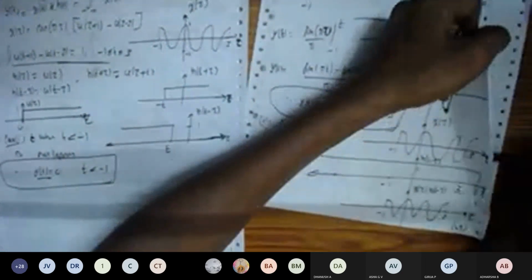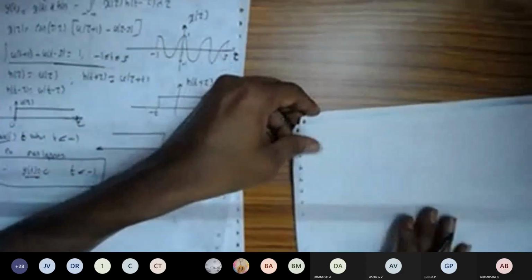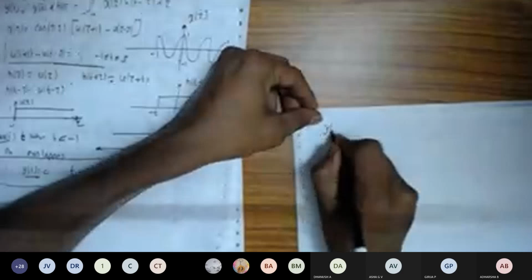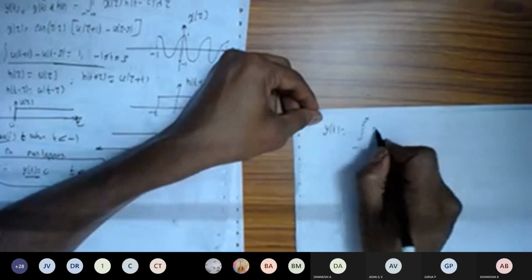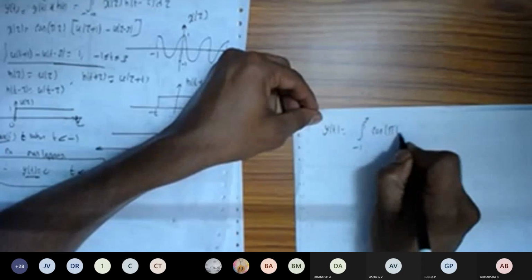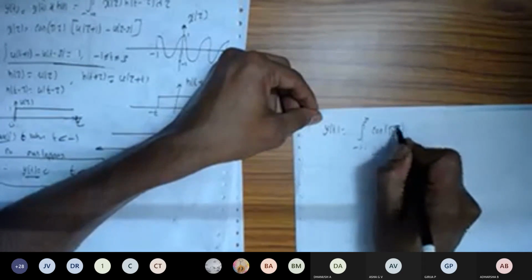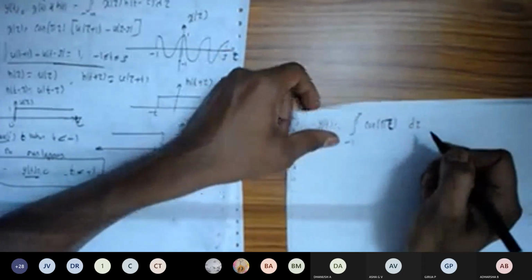Okay, now let us write the formula. The signal will be defined from -1 to 3 here. So y of t is equal to the integral from -1 to 3. I'm directly substituting here: it is cos pi tau, because of the 1 multiplied, into d tau.